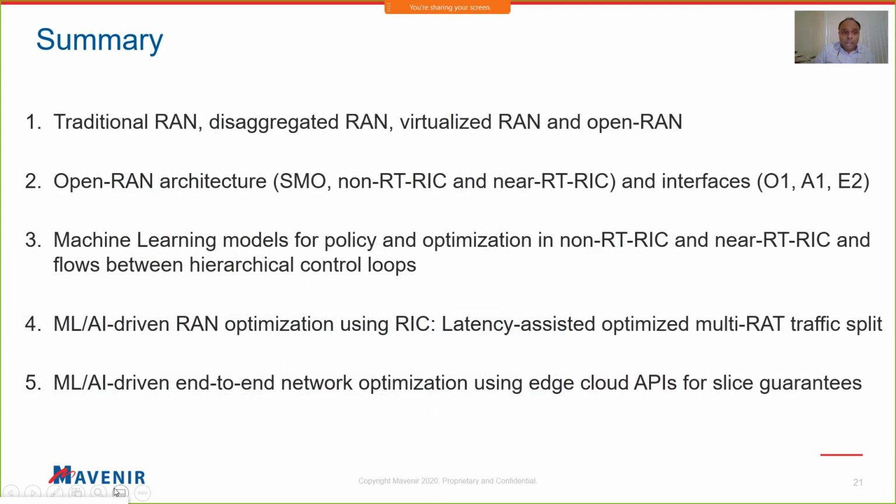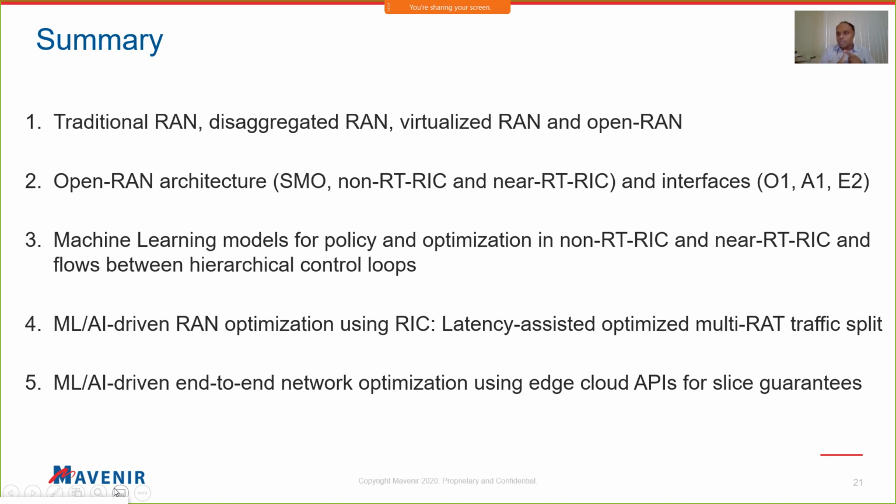To conclude, we spoke about the traditional RAN, disaggregated RAN, virtualized RAN, and open RAN architectures. We also spoke about the interfaces in open RAN. We spoke about how to use machine learning models for optimizing and for making policy decisions in both the non-real-time RIC and the near-real-time RIC, and flows between hierarchical control loops. We spoke about two key use cases.